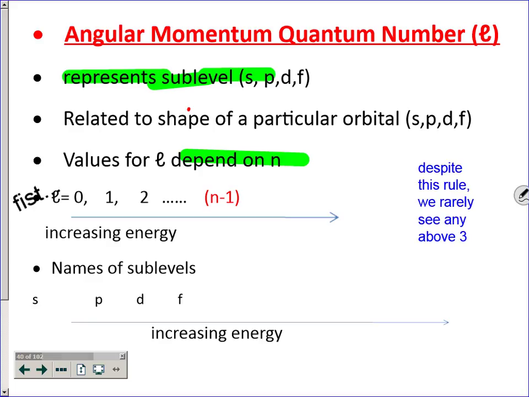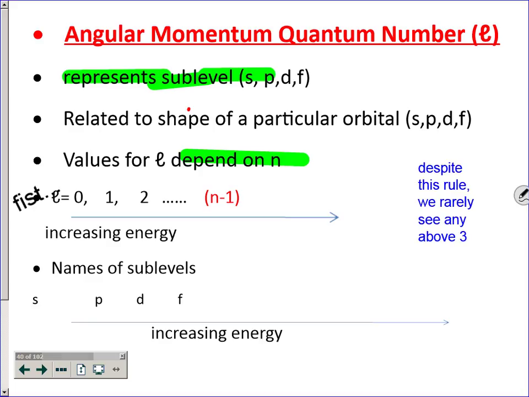Okay. So with the angular quantum number, or the second quantum number, you have really 4 numbers we work with. If you're describing an electron in the s orbital, your second quantum number is a 0. That's called the L number.